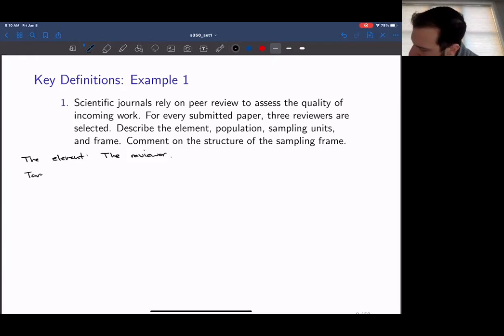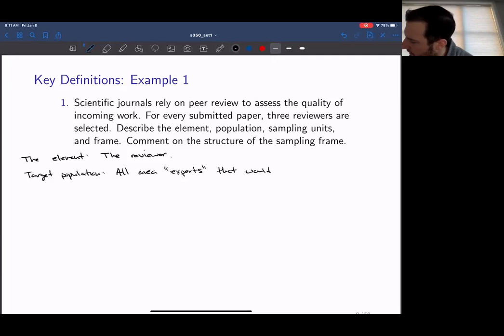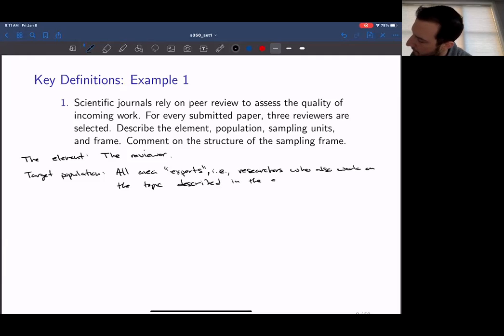Okay, so the target population in this case would be all area experts, well, area experts would actually be the best way to describe it, but we'll say, just to make it very clear, that is researchers who also work on the topic described in the submitted paper.